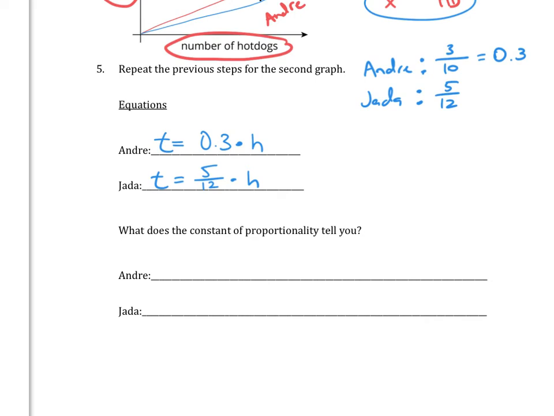The constant of proportionality, instead of being per 1 minute, is now per 1 hot dog. So we would say it takes him 0.3 minutes to eat 1 hot dog.